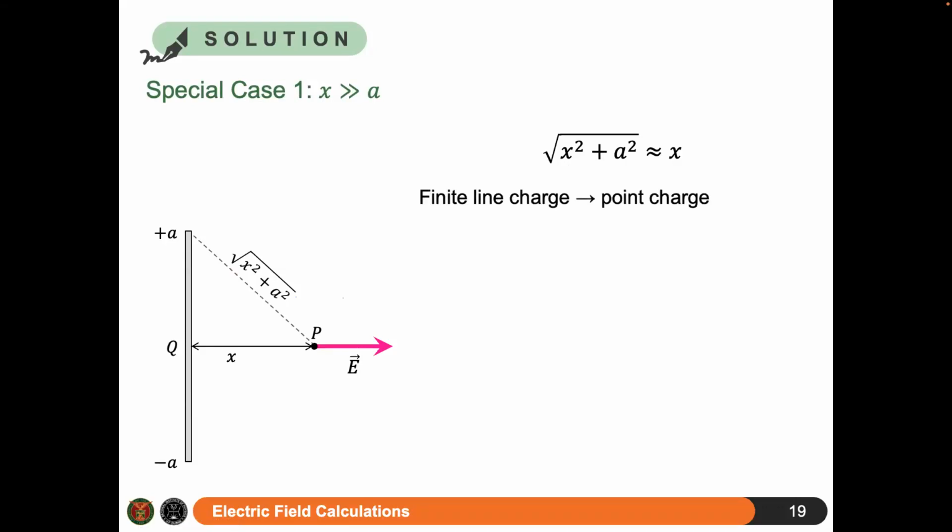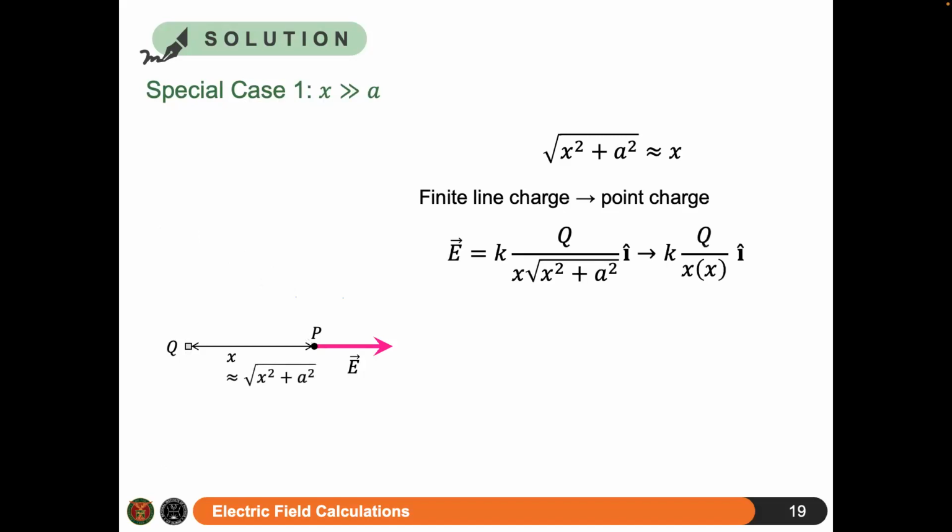Again, the finite line charge becomes a point charge, and we recover the electric field of a point charge. It is always like that if we are very far away from the source.